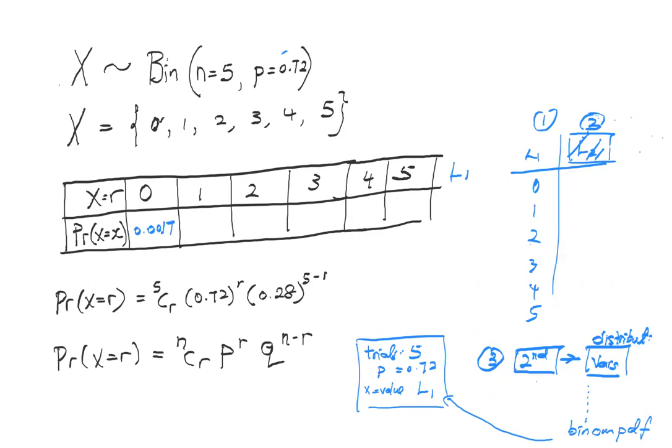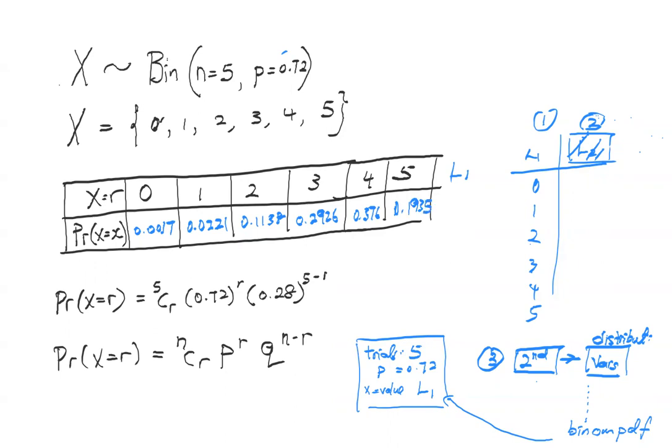0.0017. X equal to 1, 0.0221. 2, 0.1138. 3, 4, 5, 0.1935.